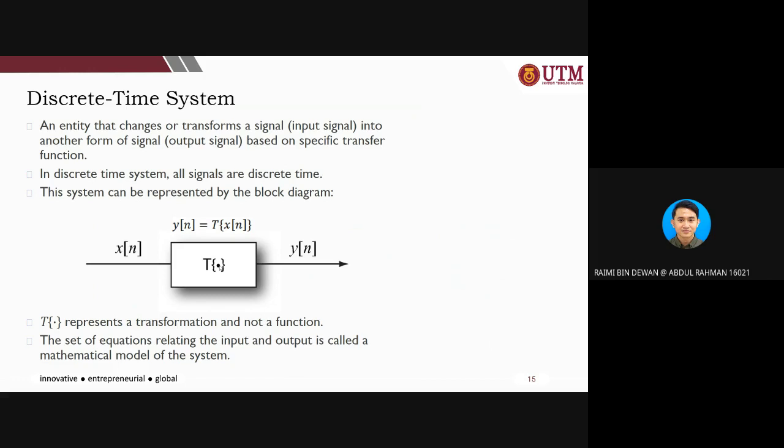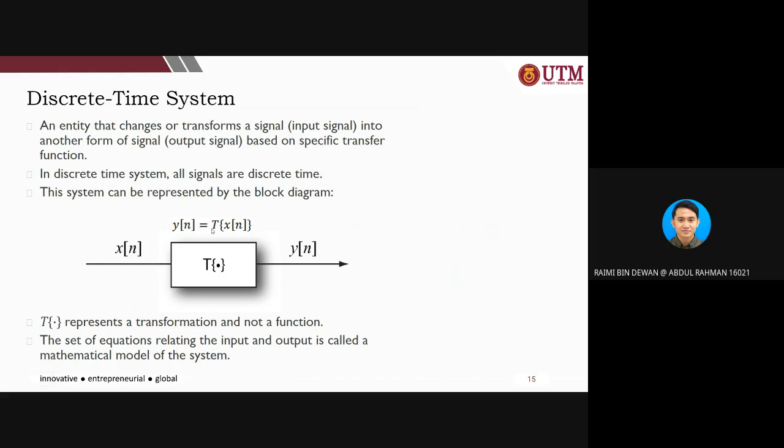So don't get confused later on. T represents the transformation, or the set of equations relating the input and output, which is called a mathematical model of the system.